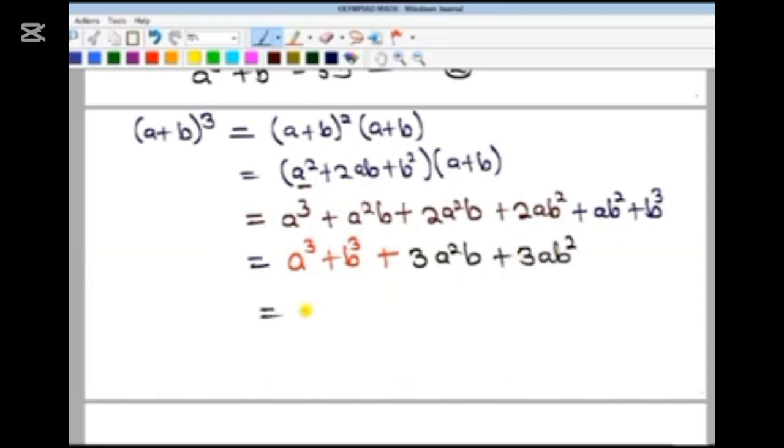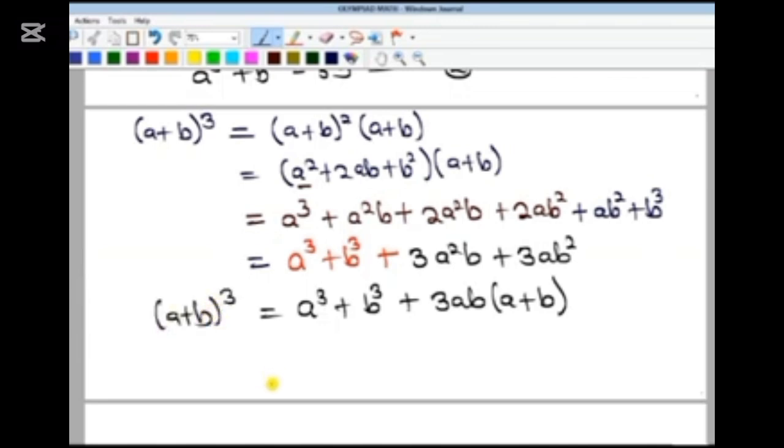So finally at this point, I'm going to have my a cube plus b cube, and then here I can factorize 3ab, and that will give me a plus b in the bracket. Now remember that it is our a plus b all cubed that gave us all of this.